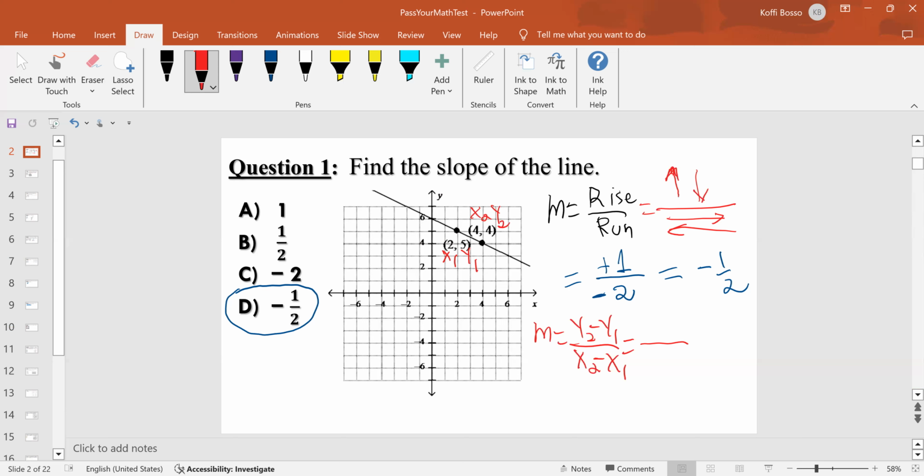It doesn't matter which one you call the first or second point, but it's important to apply the formula correctly. So y2 is 4 minus y1, which is 5, divided by x2, which is 4, minus x1, which is 2. So we have 4 minus 5, which is negative 1, divided by 4 minus 2, which is 2. We get the same answer, negative 1 over 2.